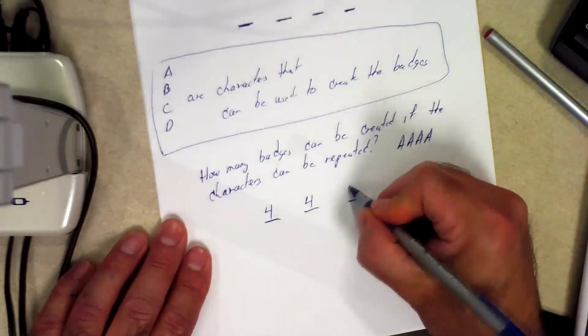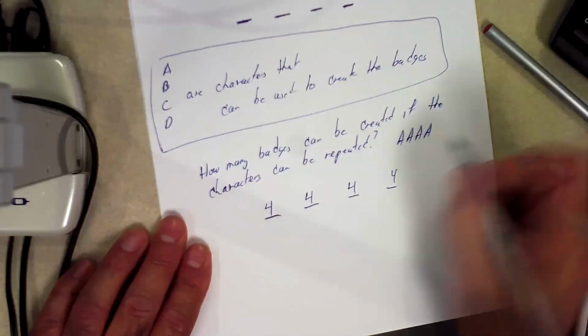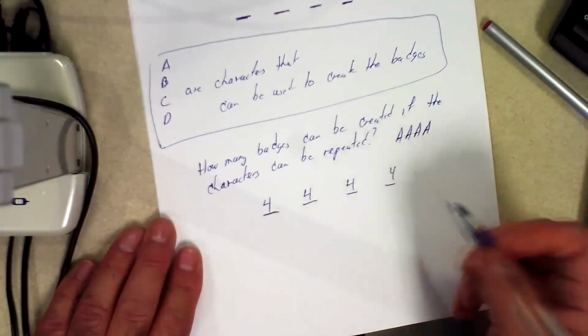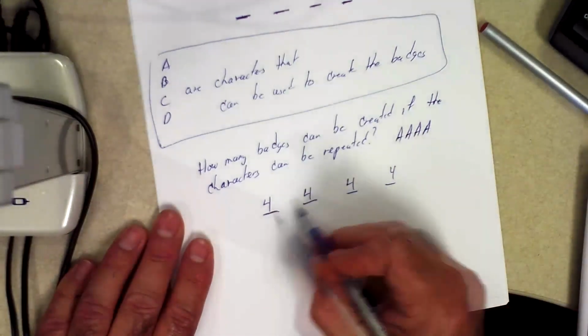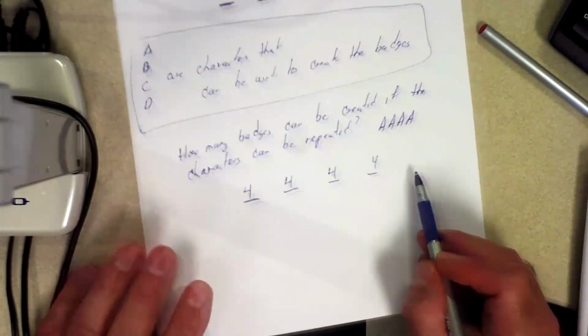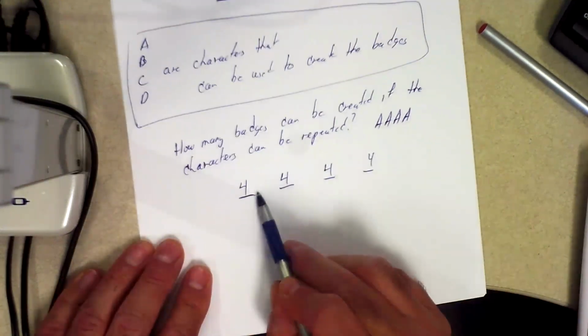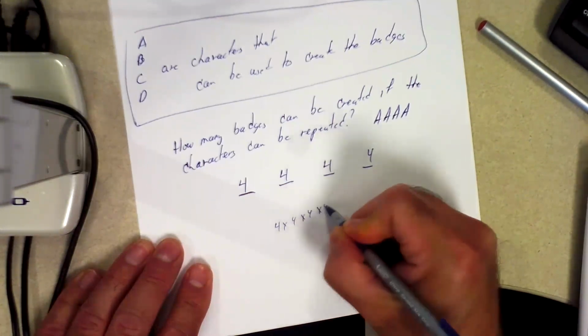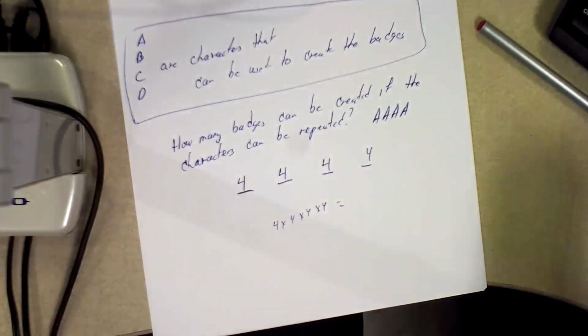So they're all 4s. They can all be repeated. So how many badges can be created? There's your number of choices. I'm going to use my fundamental counting principle, and I'm going to multiply 4 times 4 times 4 times 4. What's another way of doing 4 times 4 times 4 times 4?